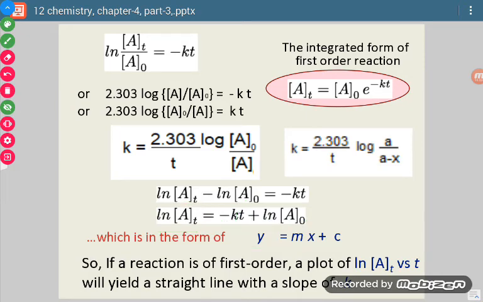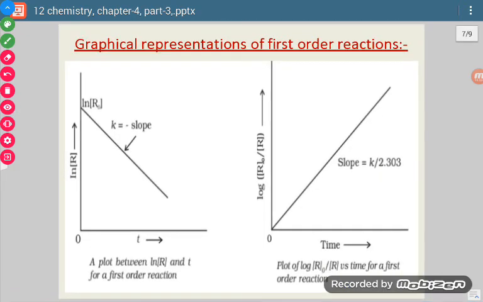Okay, now let us see here. Here R is reactant, concentration of reactant. So we have plotted the graph between log of R and T. So we got the slope as minus k, and intercept is log of R naught.